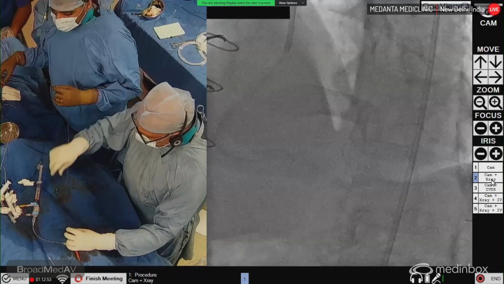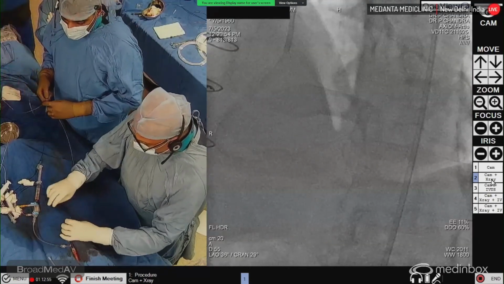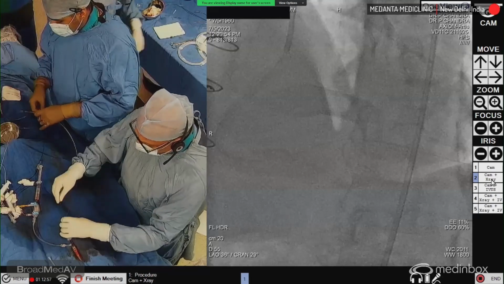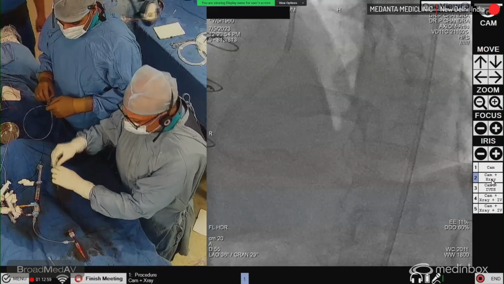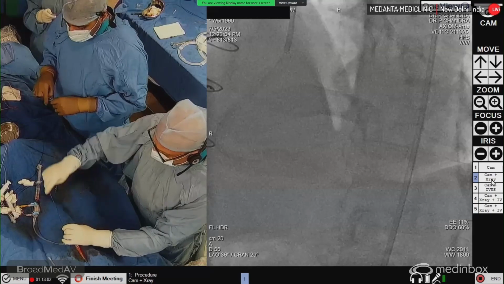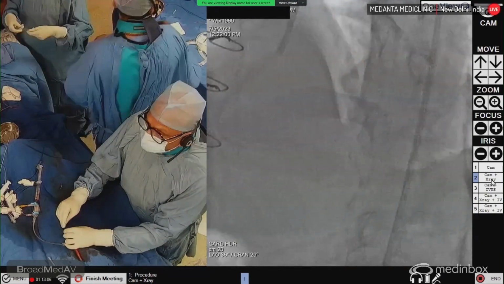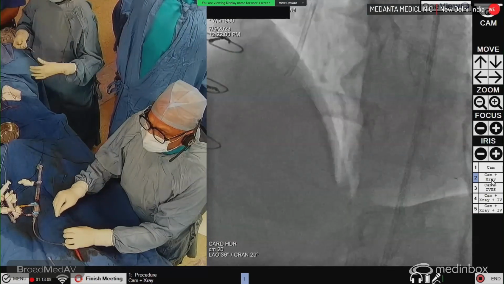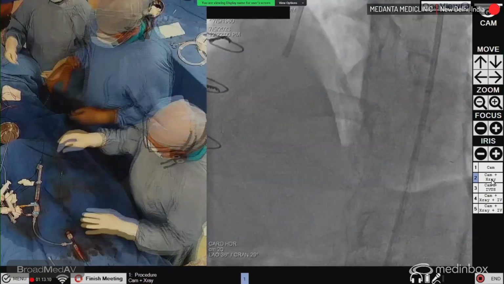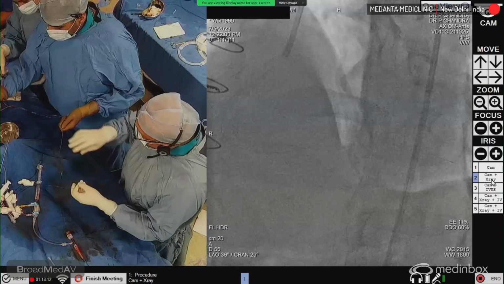I'll take this out. Dilate the stent more, a little bit more. Wedging, sir. Yeah, so we'll take this stent out and dilate this. Same balloon?